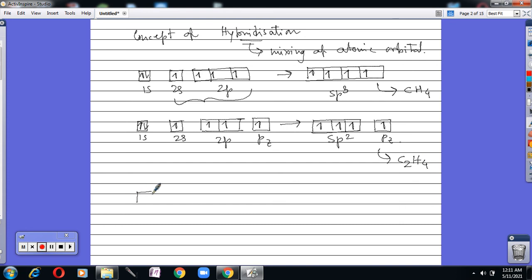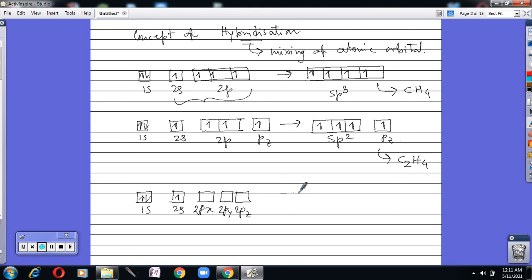And the third option is sp hybridization, where 1s is here, 2s is here, and 2p, py and pz remain separate, px, right? 2p right here, 2px, 2py, and 2pz.